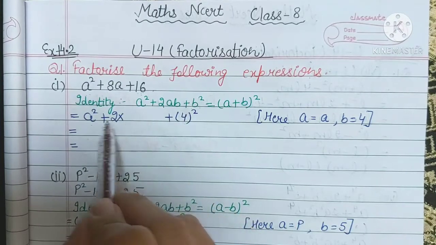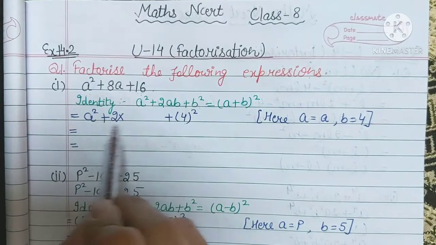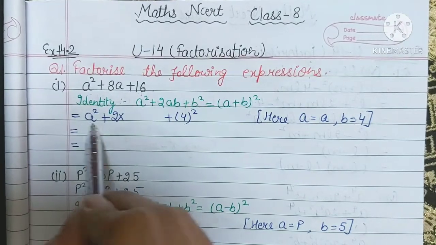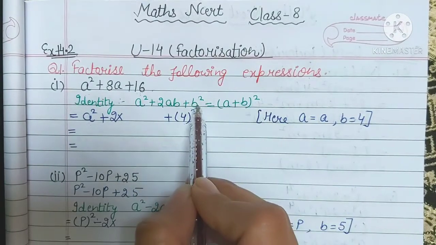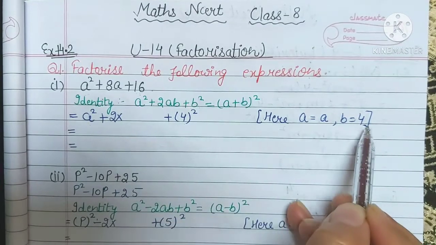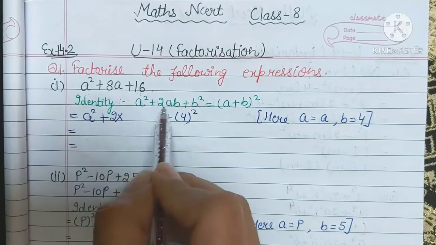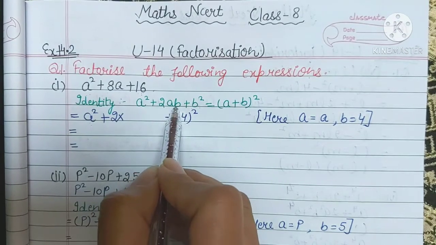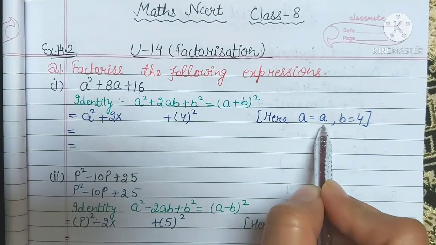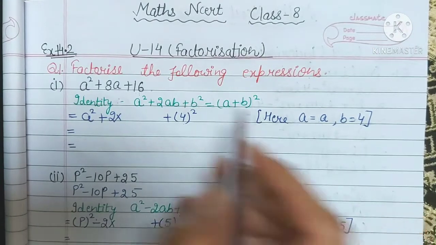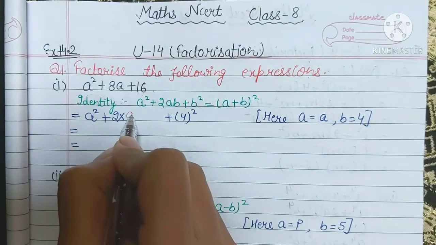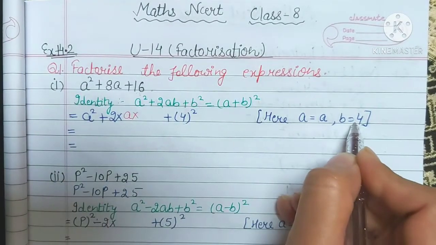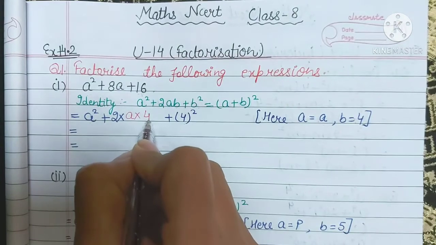Now if I compare this with this, I can identify the value of a is a here and the value of b is 4. So what is the middle term? The middle term is 2ab. It means 2 multiply a multiply b. So according to that, I'll write 2 multiply a multiply 4, instead of b I'll write 4, right?